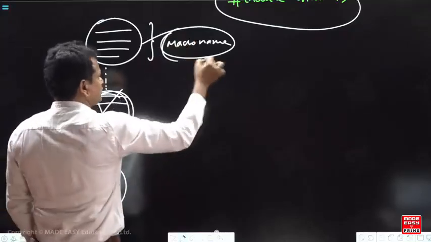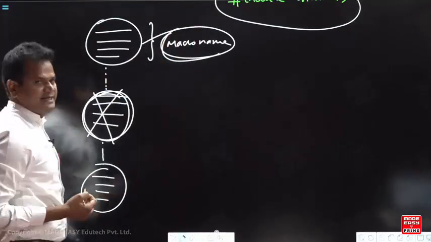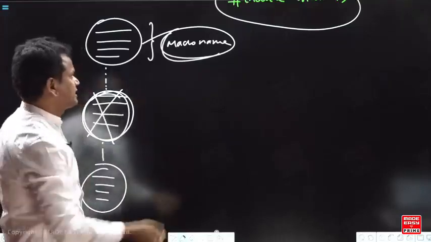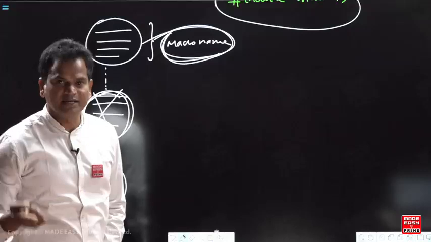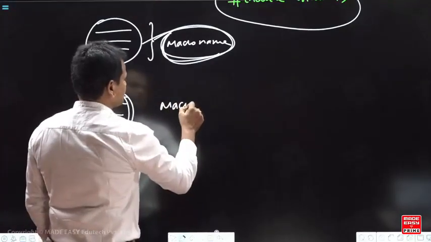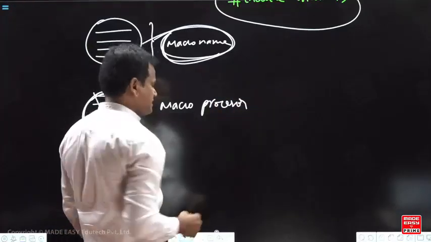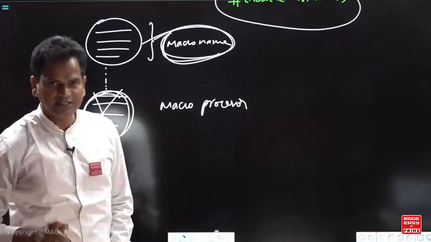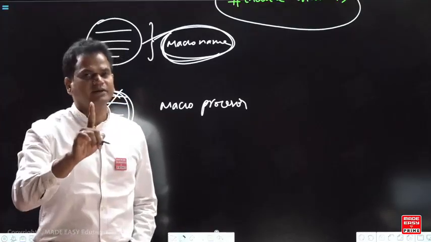Okay, so wherever you are using these macros, they will be expanded before compilation. Whatever you are calling with this macro name will be expanded before compilation. That will be done by the macro processor. I repeat, if you repeatedly use the same set of instructions in the program, we define them as a macro.